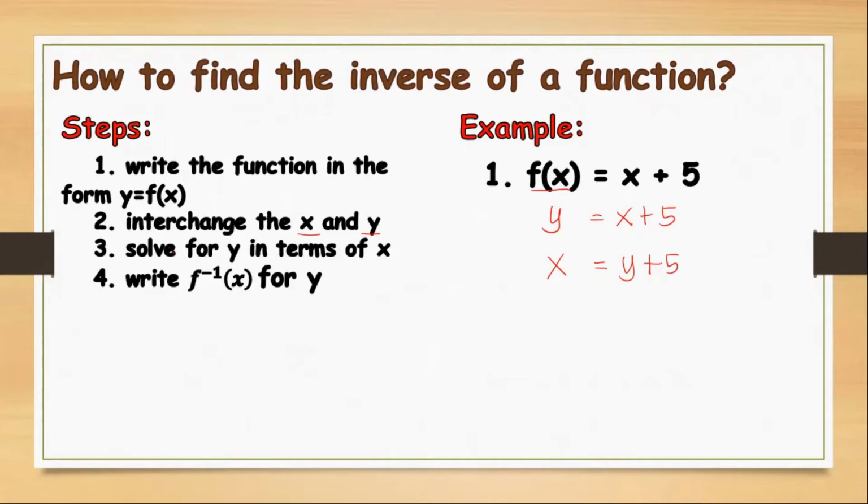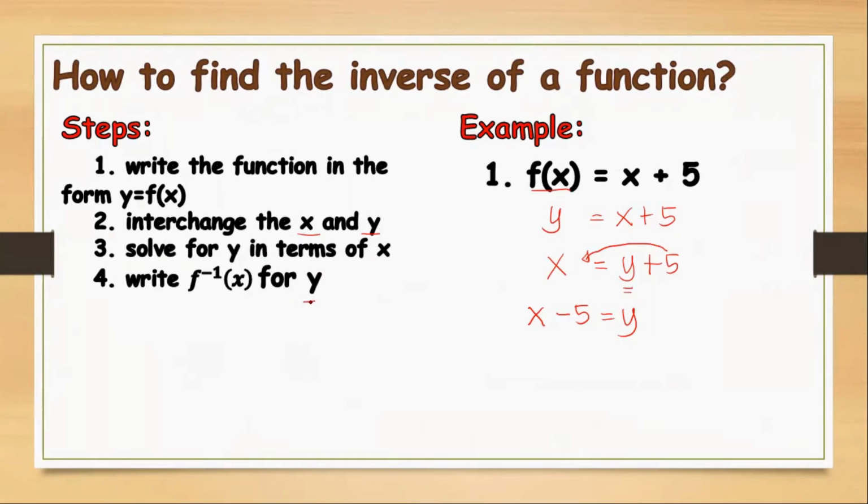And next is you have to solve for y in terms of x. So in order to solve for the value of y, we can transfer 5 on the left side of our equation. So we'll have x minus 5 equals y. So we are now having x minus 5 in terms of y.